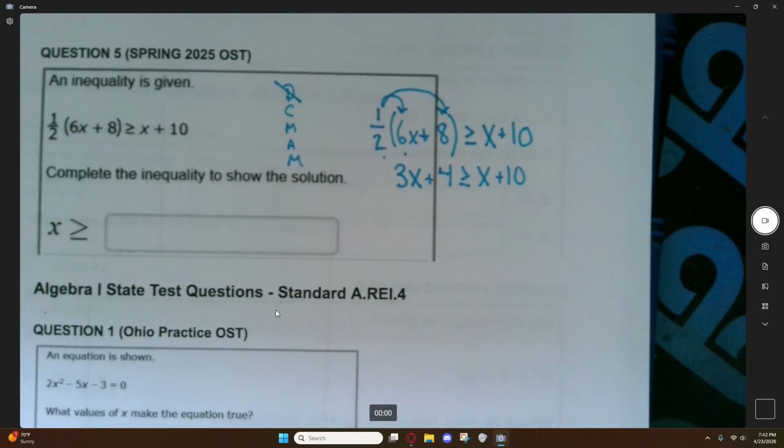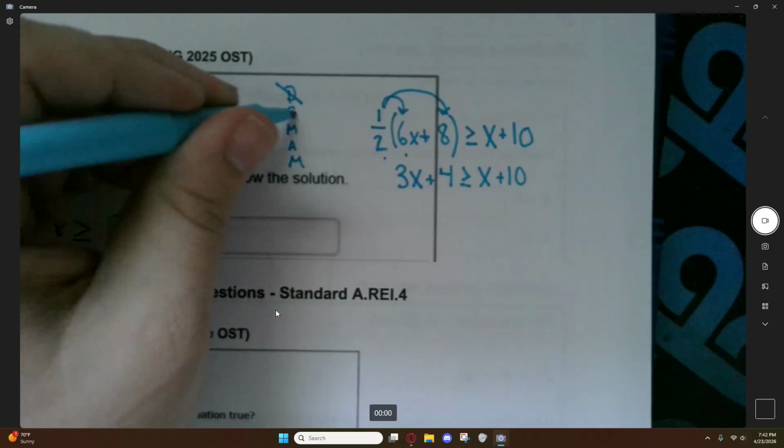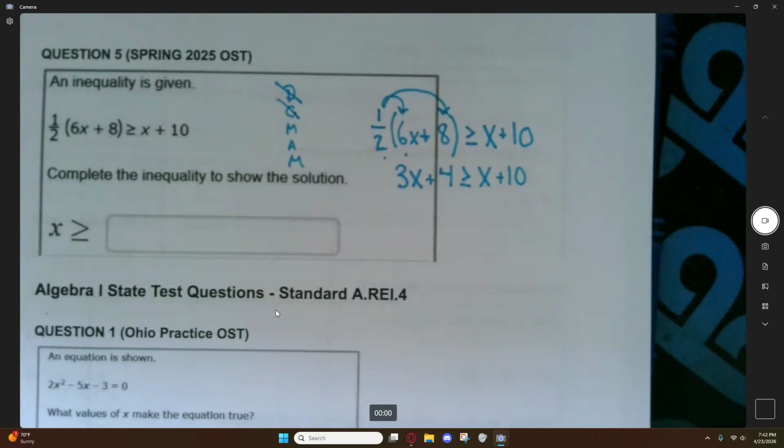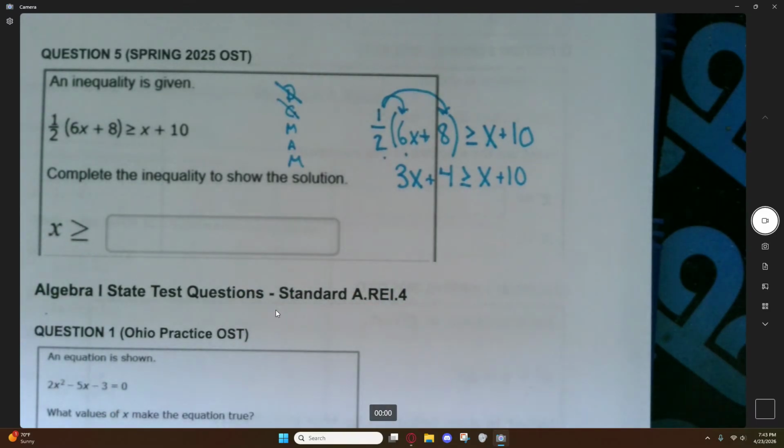Combine like terms. There are no like terms on the same side of the inequality symbol, so there's nothing to do here. Move all variables to one side. Especially in inequality equations, you want to move the smaller variable because you want to not be dividing by a negative number.